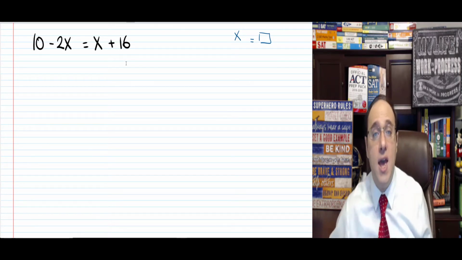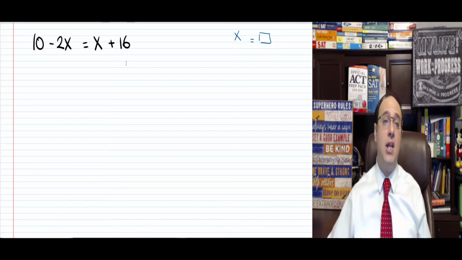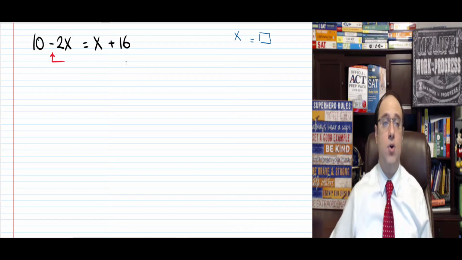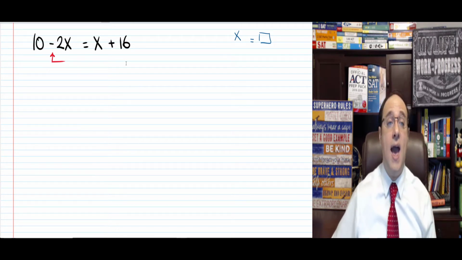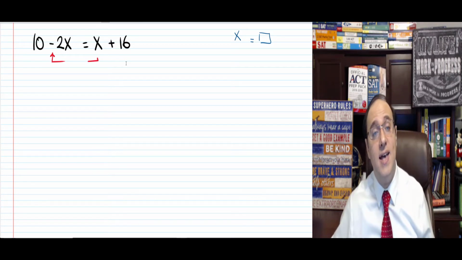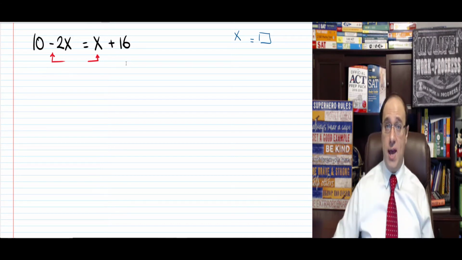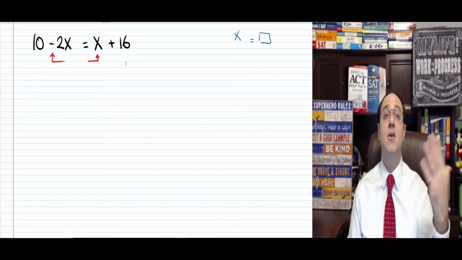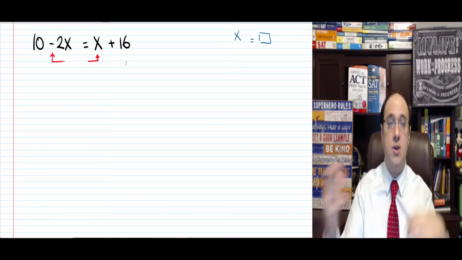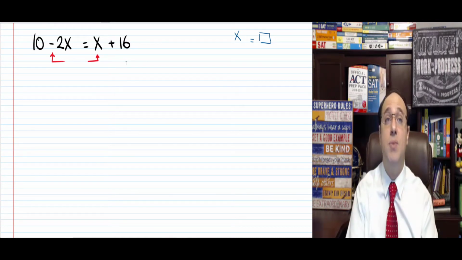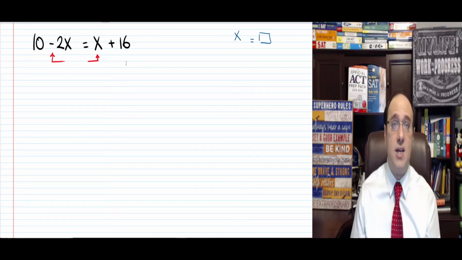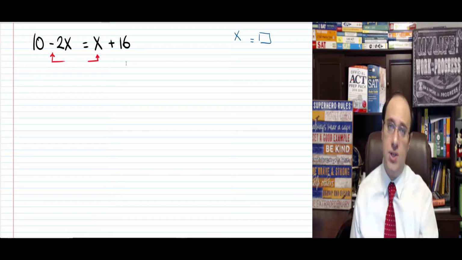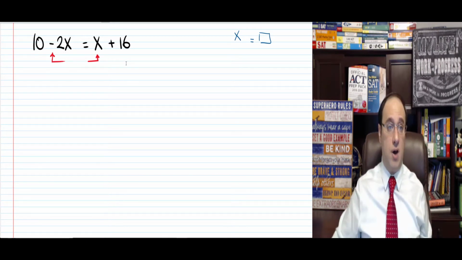First of all, if you find that the left-hand side has a negative with the x, and the right-hand side has a positive before the x, or nothing, because x plus 16 just means positive x plus 16, we can flip it as 16 plus x, right? x plus 16 is the same as 16 plus x. So the x on the right here is positive.